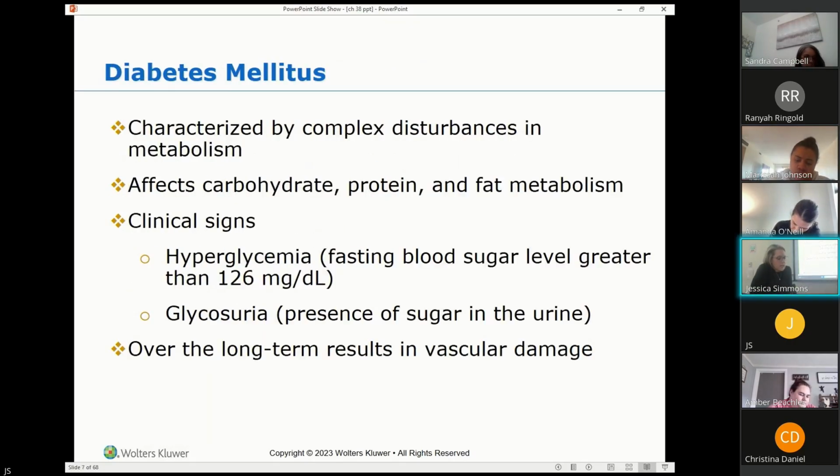Diabetes mellitus is characterized by complex disturbances in metabolism. It affects carbohydrate, protein, and fat metabolism. Okay, so clinical signs are hyperglycemia, so a fasting blood sugar level greater than 126, glycosuria, which is the presence of sugar in the urine, and then over the long term, it results in vascular damage, which is where we have peripheral vascular disease, neuropathies, when we have a lot of hyperglycemia.